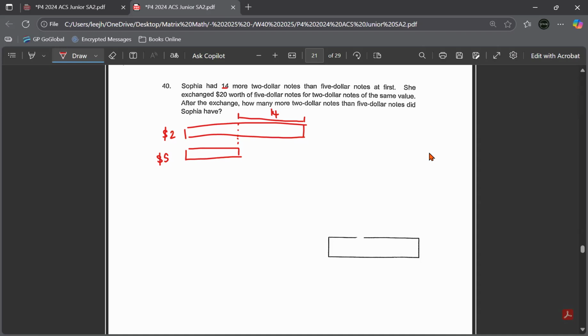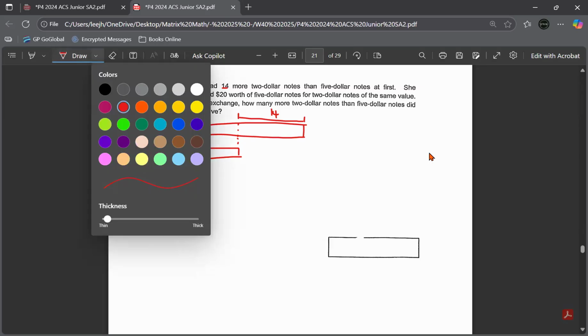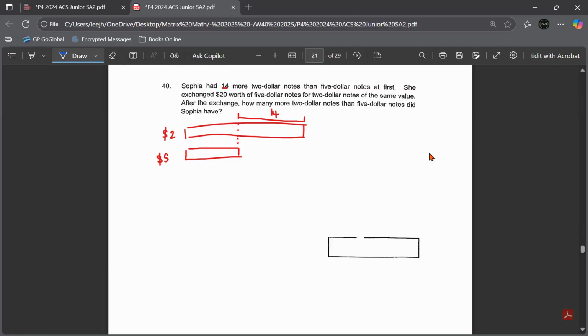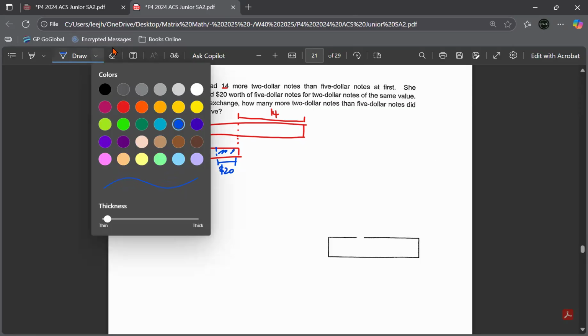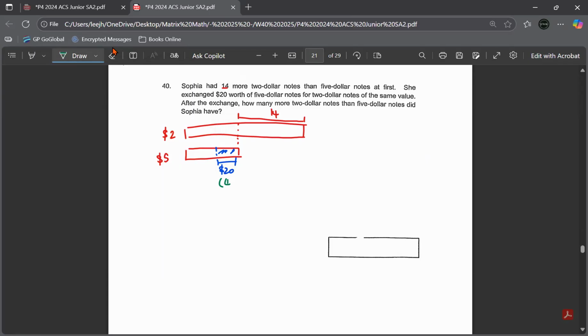Okay. So after that, she exchanged $20 worth of $5. So $20 worth of $5 means how many pieces did you take away? $20 is how many $5 notes, which is four.